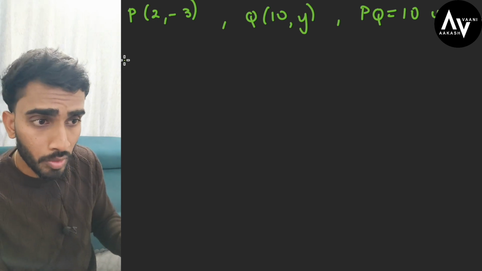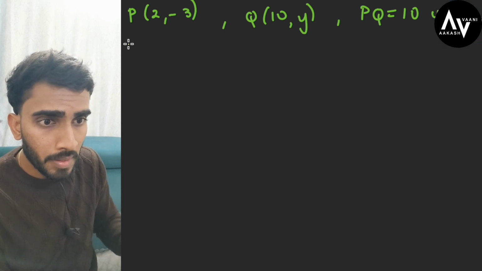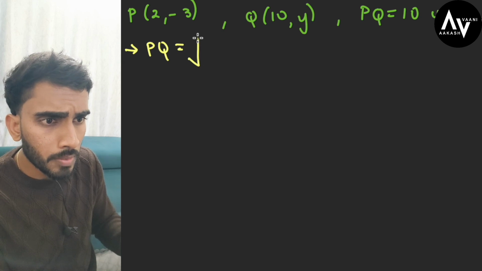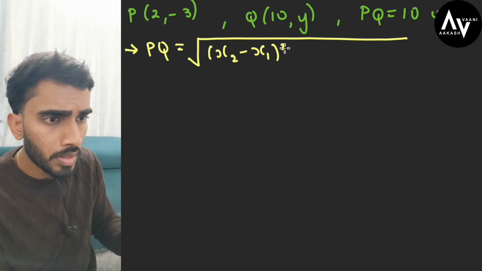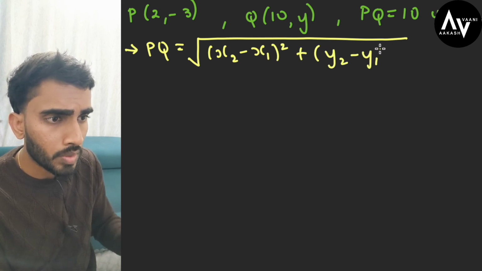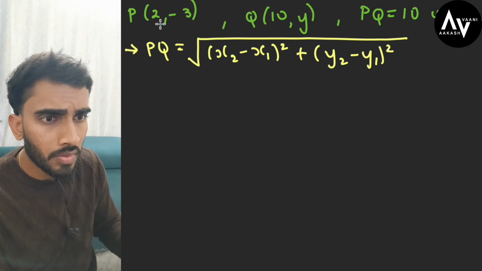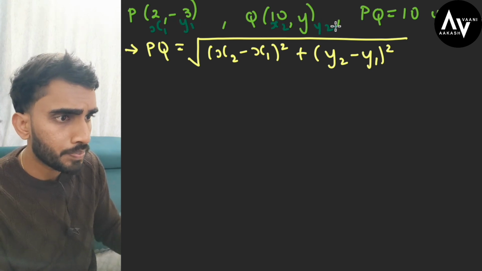So we have the formula to find out the distance between P and Q, and that is PQ equals under root (x2 minus x1) the whole square plus (y2 minus y1) the whole square. Let us take this as our x1, y1, and this as x2, y2.